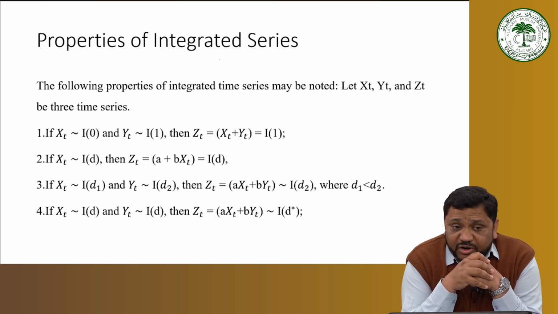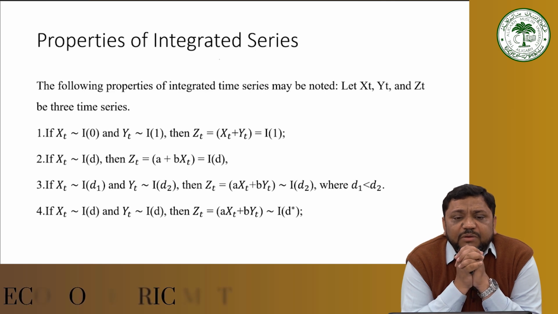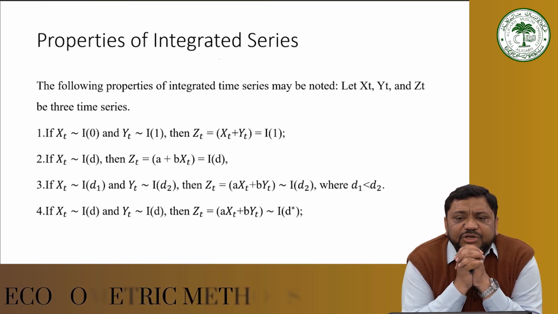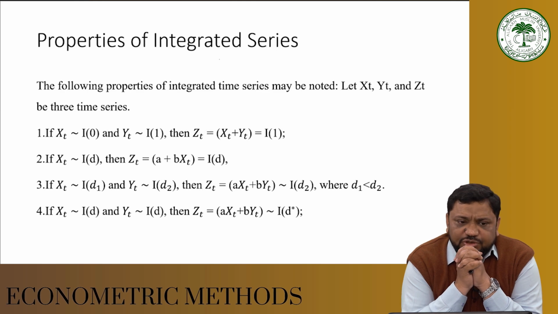Although one of the components was I0, the other component is I1, so the resultant sum will be I1. That is, a linear combination or sum of stationary and non-stationary series is non-stationary.